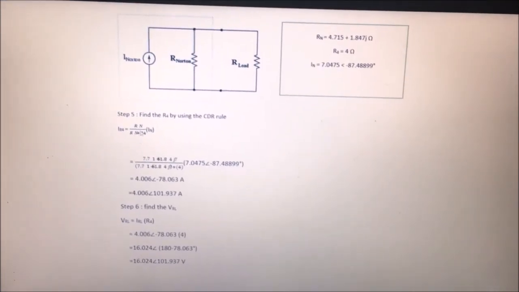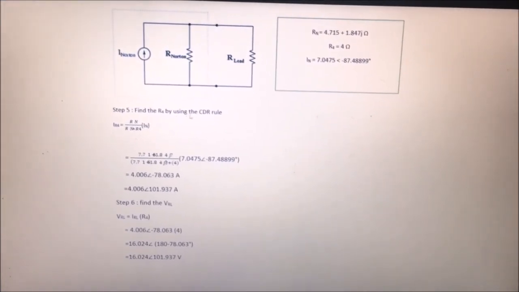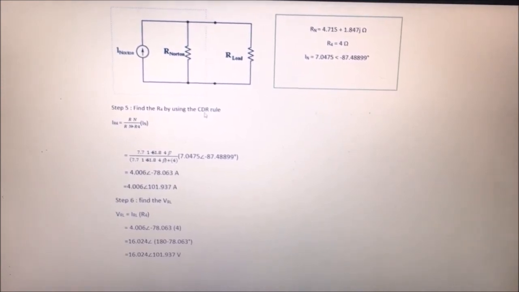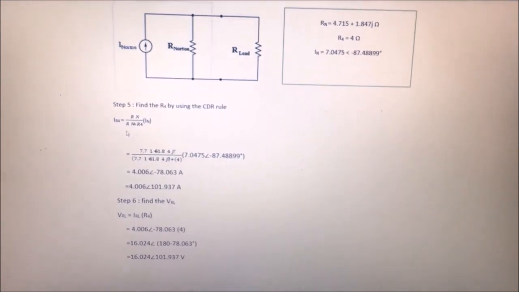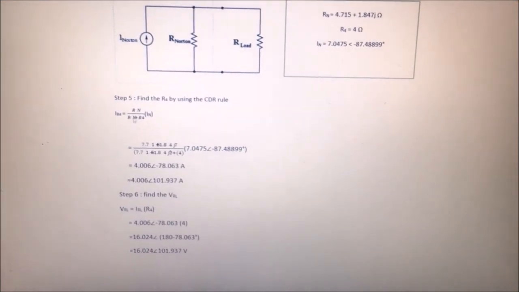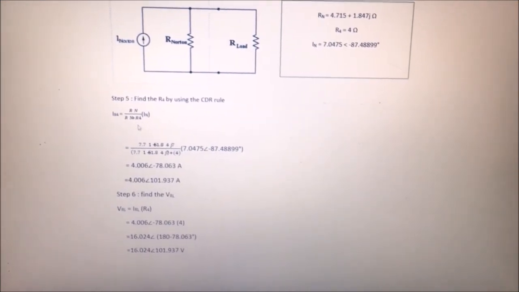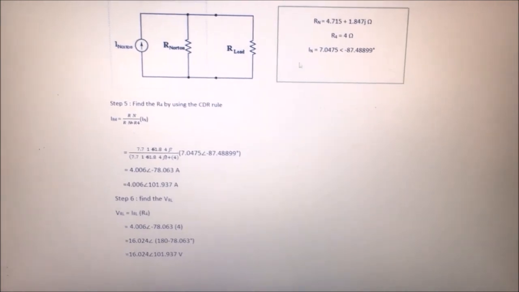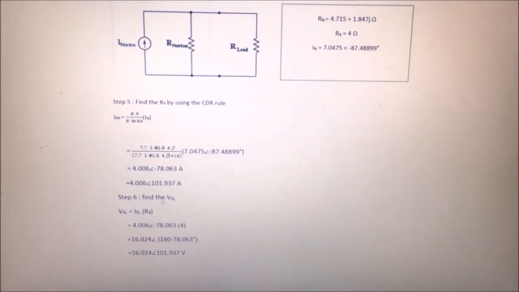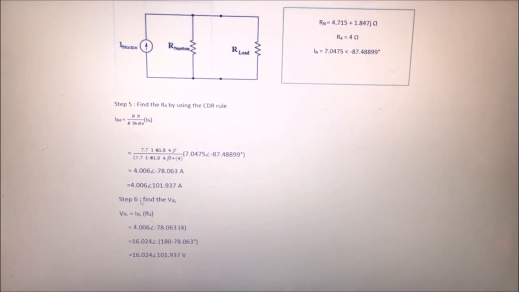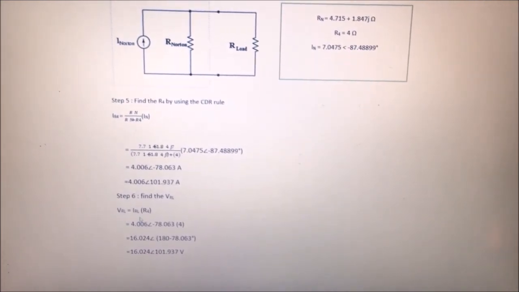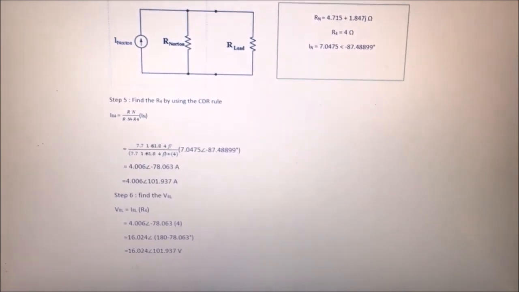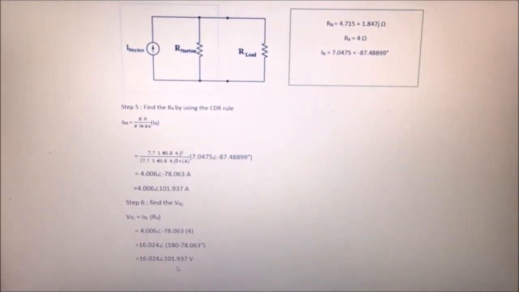Step 5, find the I4 by using the current divider rule, which is I4 equals Rn over Rn plus 4 times In. We're given this here, and after we get In, to get VRL it is IRL times R4, and this is how we get our answer. Thank you.